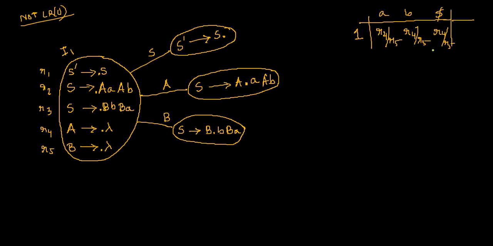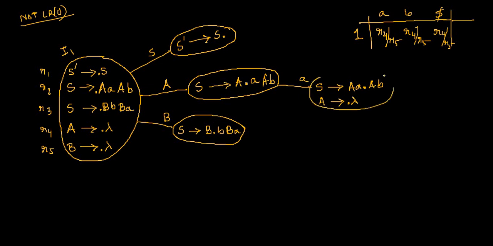Can I reduce this problem? Let's see. If we proceed further from these two states, with this small a, I will reach S2, A dot a B, and again I will have a lambda.